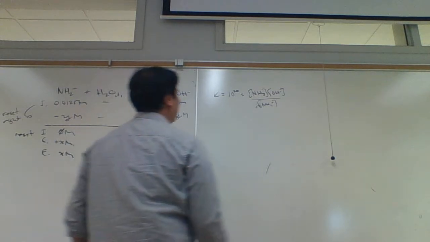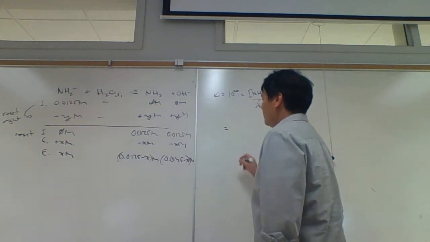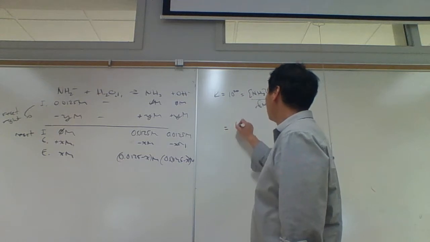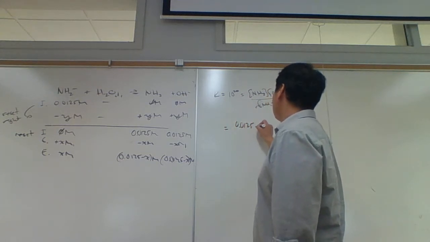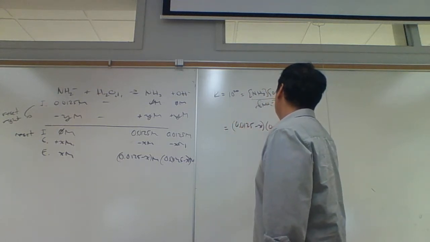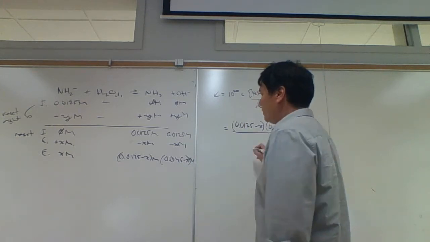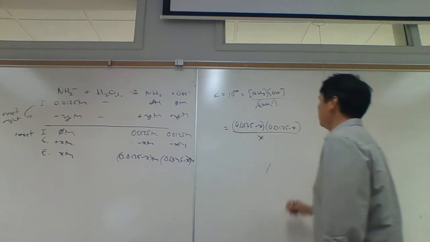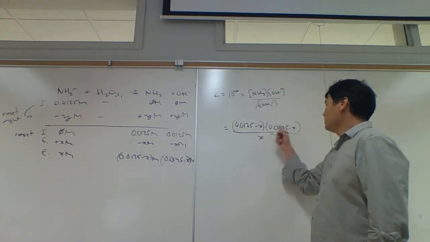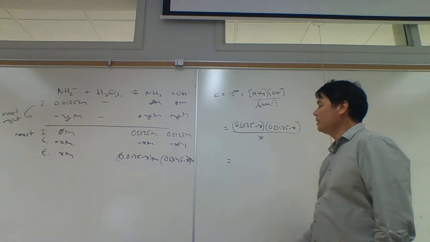Now when I look at the algebra, it is a little bit more complicated than before, and so this reset didn't save me, because now I actually have to multiply out binomials here, and this is going to be divided by x. And so this is also quadratic, so we should be able to solve this.